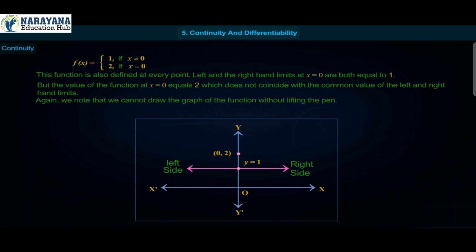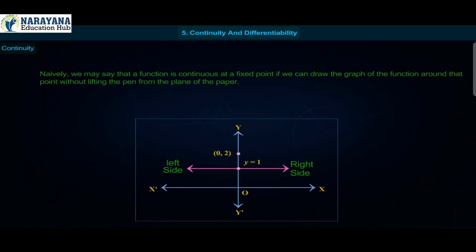Again, we note that we cannot draw the graph of the function without lifting the pen. This is yet another instance of a function being not continuous at x equal to 0.